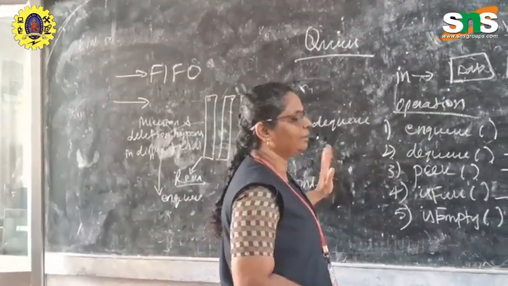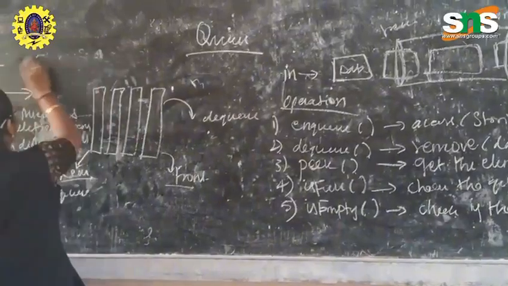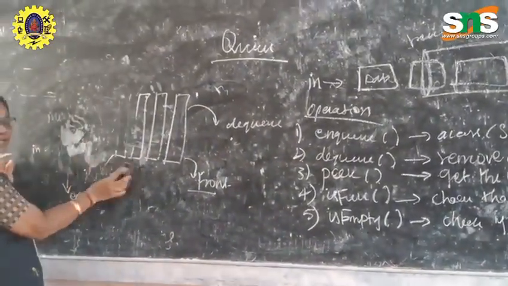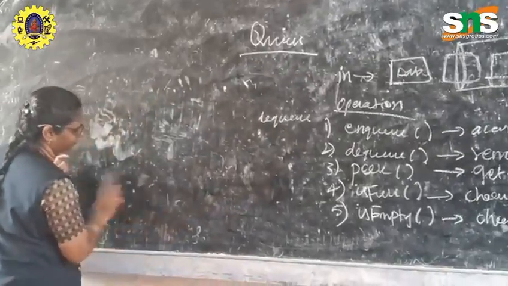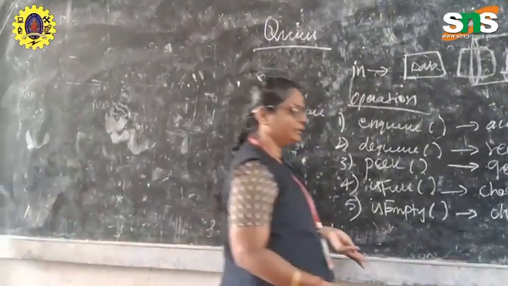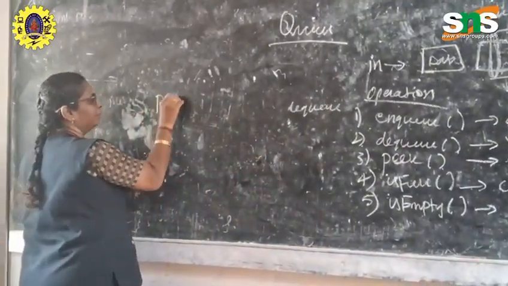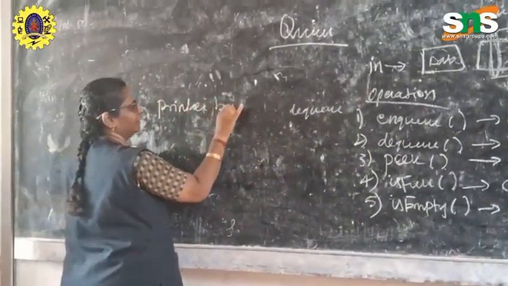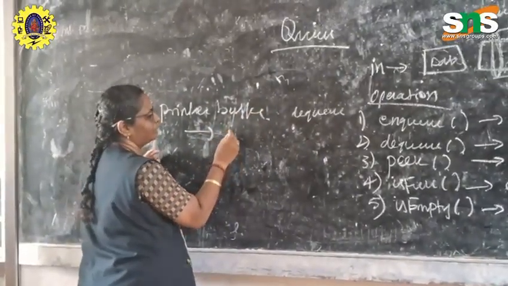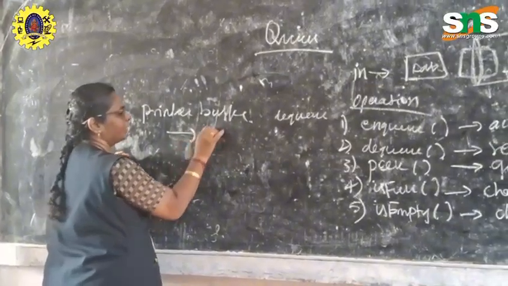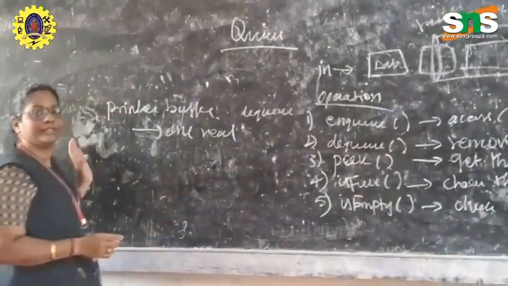But here, if you take the algorithm in a queue concept, that is first in first out concept, we can use it in real-time applications, like a printer buffer. In the printer's buffer, the printing documents are handled in queue order.